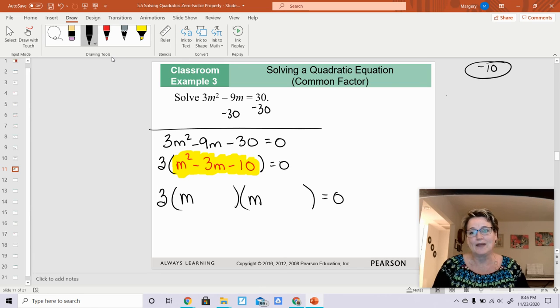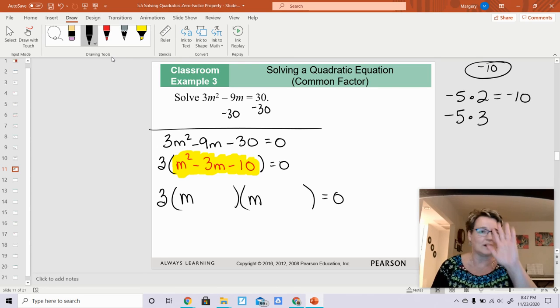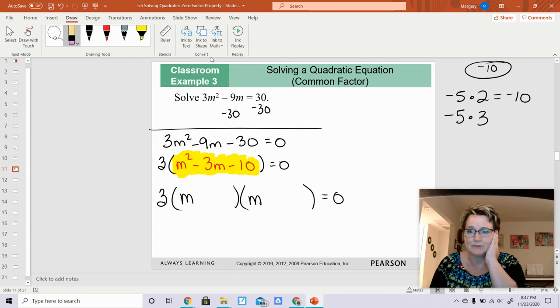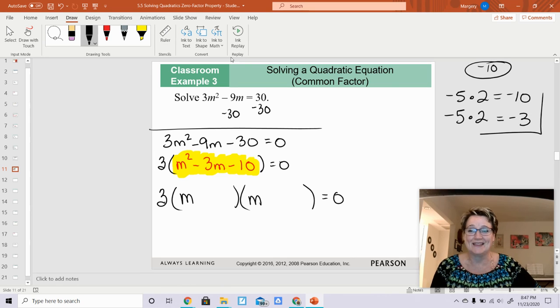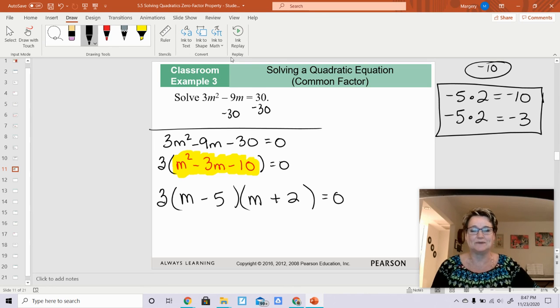So I know that negative 5 times 2 is negative 10. I don't know where I got 3. It's been a long day. I'm so sorry. Negative 5 plus 2 is negative 3. Those are my two factors. So I have a negative 5 and I have a positive 2.